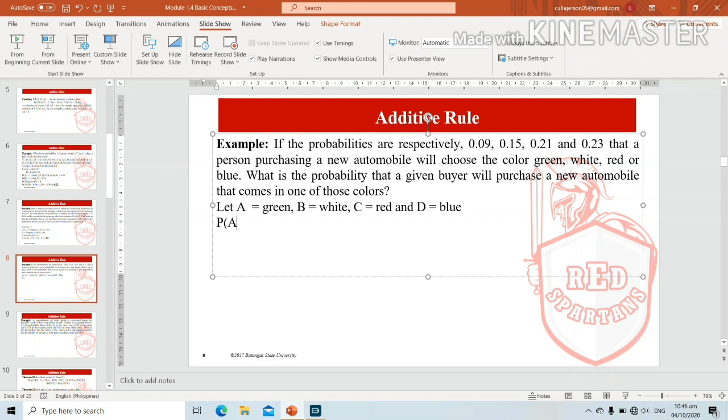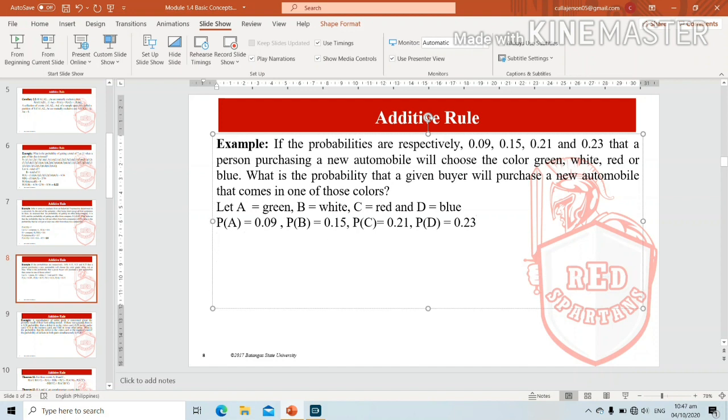Then, yung probability natin, probability ng color is green, 0.09, color is white, 0.15, color is red, 0.21, and blue, 0.23.